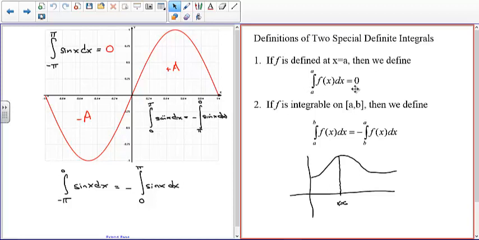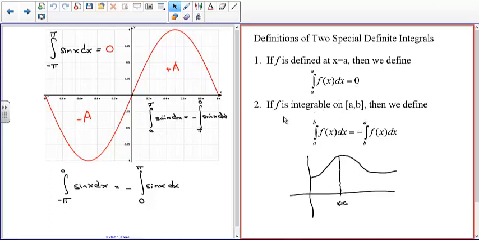If the upper and lower limits weren't the same but approached each other, your area is going to get smaller and smaller because this dimension is going to get smaller, and when they actually equal each other, then the area is 0. It's kind of like saying the area of a rectangle with a side that has 0 length is 0. Seems kind of obvious, but you've got to cover these things.